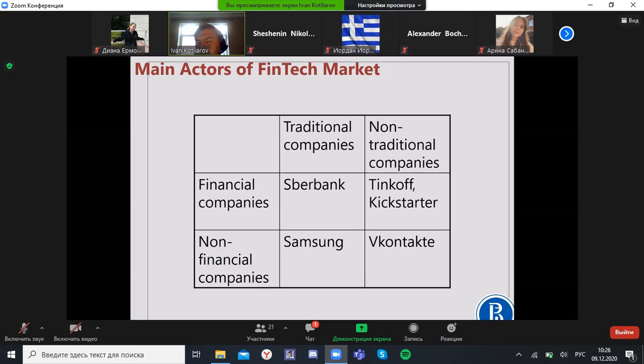Each company is now interested in building its ecosystem. We have already discussed it during our first lectures. And obviously, financial services should be a very important part of this ecosystem. In order to provide your customers with a full range of products and services, you should be able to support them by financial infrastructure. So almost all companies are now providing their customers with financial services. Guys, do you understand it, ladies and gentlemen?